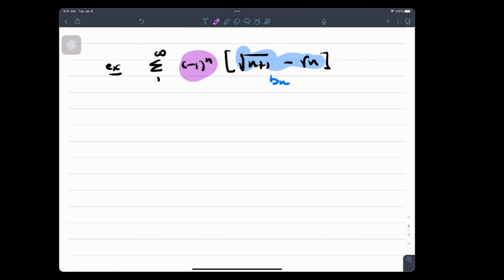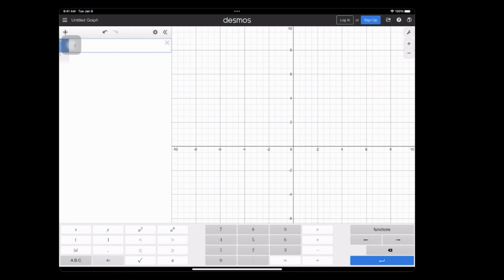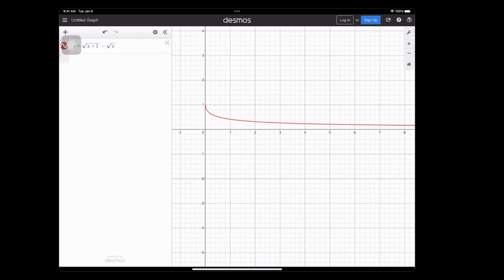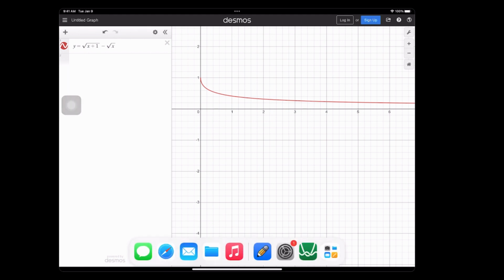Just to remind you guys, if I look at this function here, even if I went to Desmos, y equals the square root of x plus 1 minus square root of x. You guys see how that's a decreasing function, by the way? Maybe you can't see it, but isn't that a decreasing function? So it's a decreasing function.